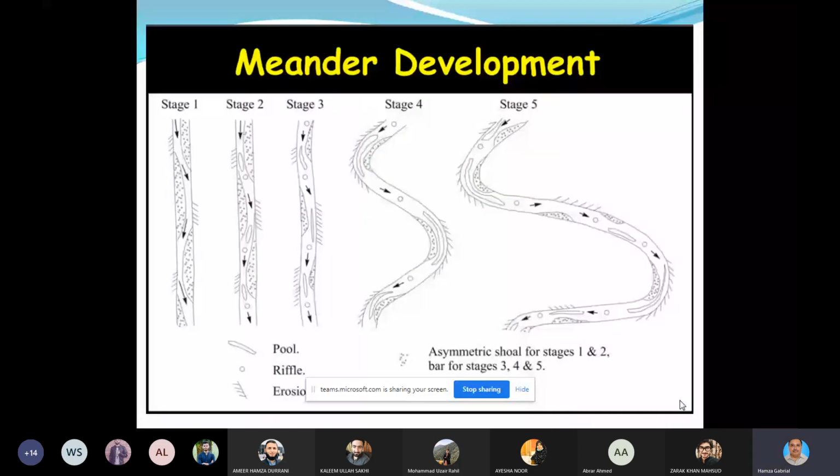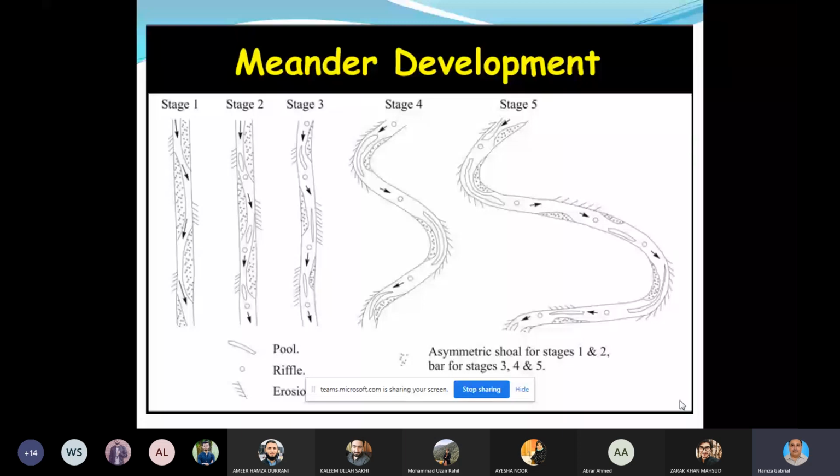So meander development you can see in this figure from stage 1 to stage 5, how the meander develops. In stage 1 you see the small bends, but in stage 2 you see more bends taking shape of meanders with smaller amplitudes.